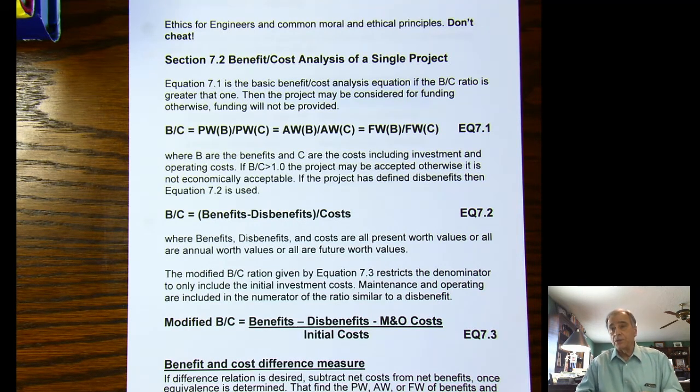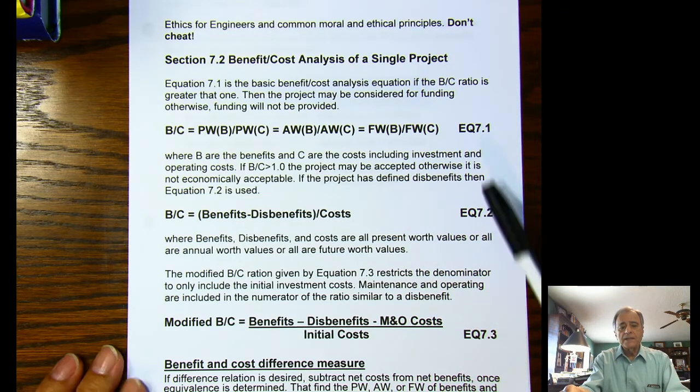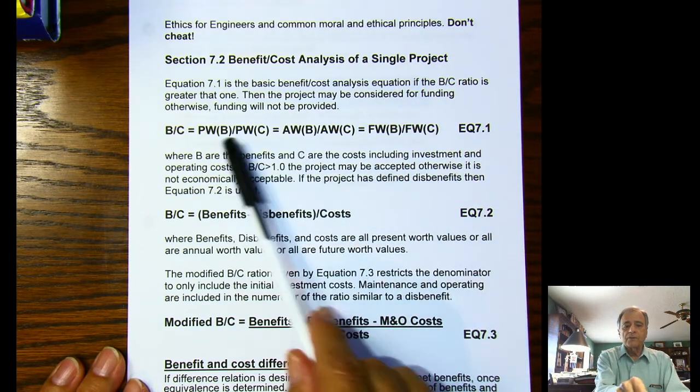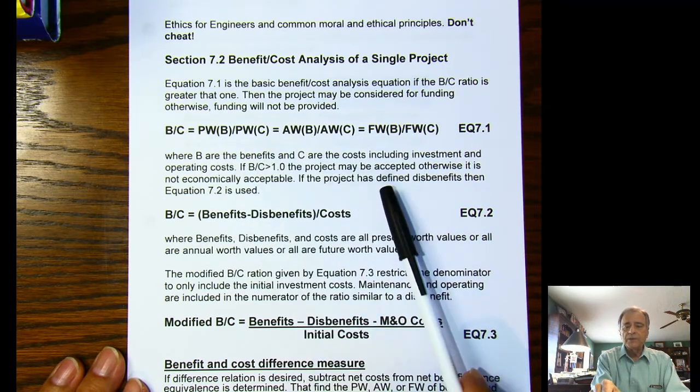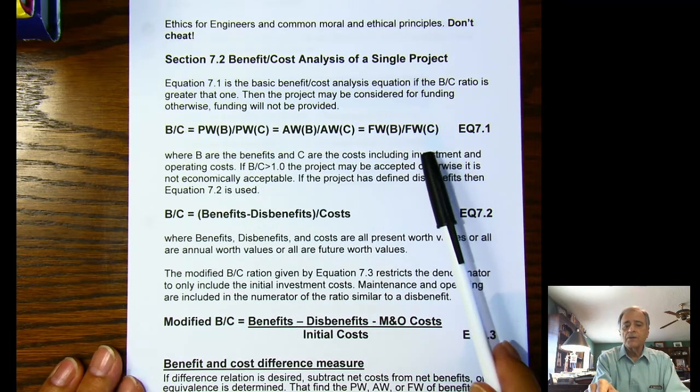Now, the most common is usually annual worths because a lot of times the cost and the benefits are given on an annual basis, so much a year for so many years.